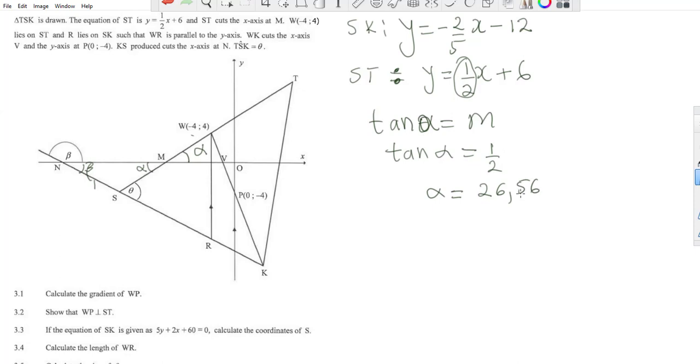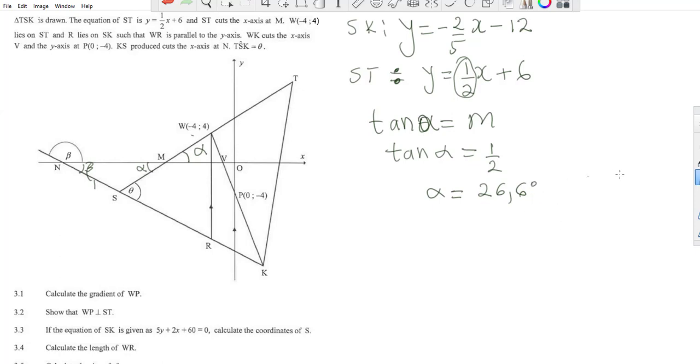So shift your calculator, you press tan inverse, then you press 1/2, and then the answer will be something like this, 26.56, but let me round it off like this, degrees.